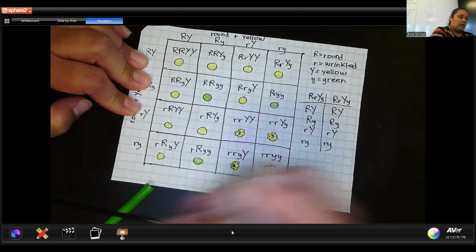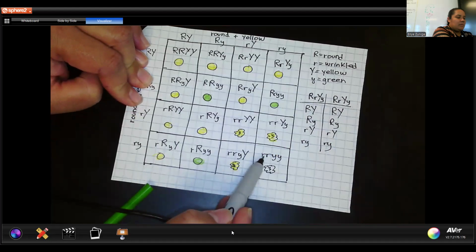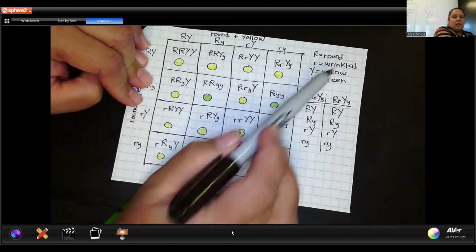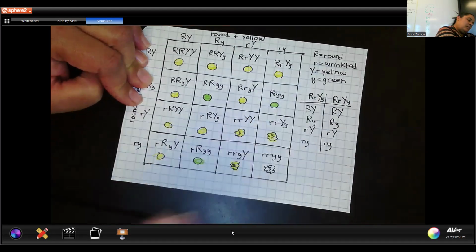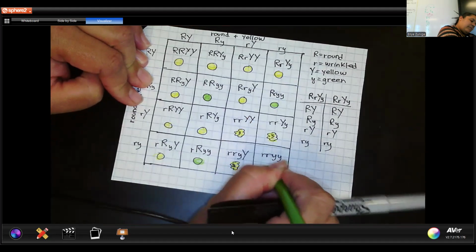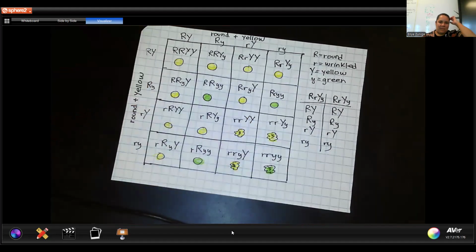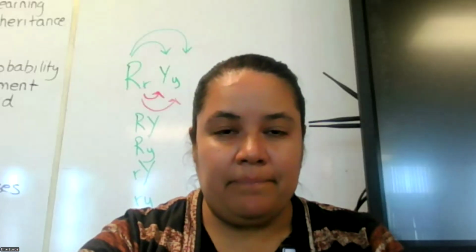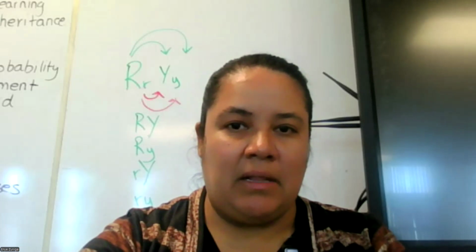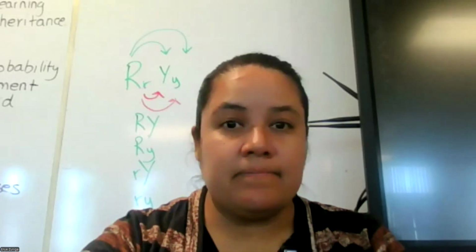So this seed is little r, wrinkled, and little y, green. Okay. So that's how you fill it up. And then finally, you go over the phenotypes and genotypes. So I'm going to go back to the PowerPoint and explain how that works.